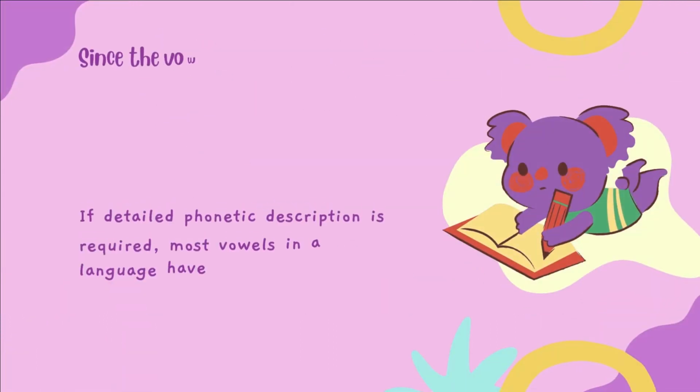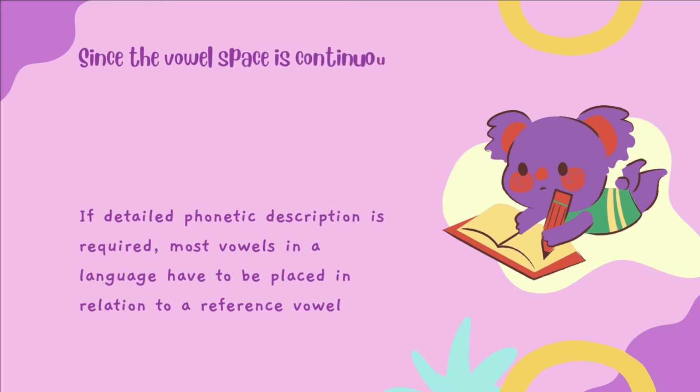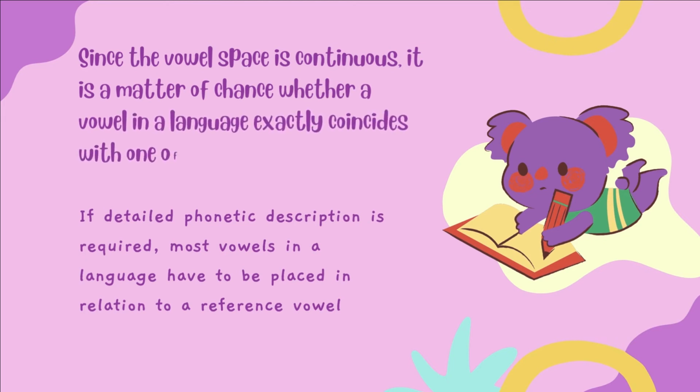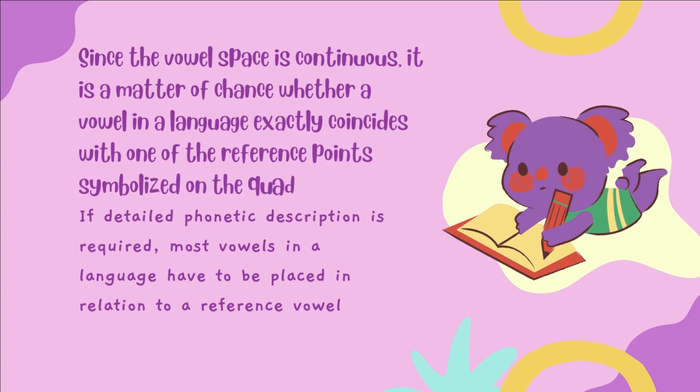If detailed phonetic description is required, most vowels in a language have to be placed in relation to a reference vowel. For instance, a vowel centralized and lowered from cardinal. This description can be symbolized by adding diacritics to the cardinal vowel symbol.